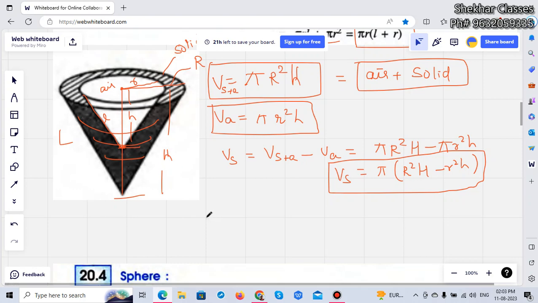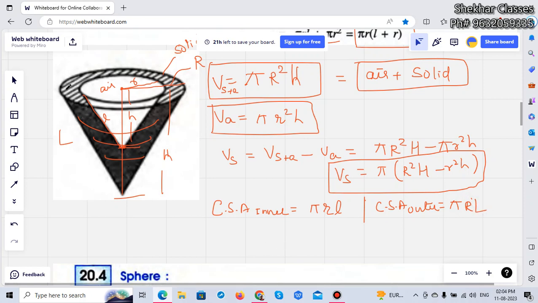So what is the curved surface area of the inner part? Pi r small l. Curved surface area of the outer part: pi capital R capital L.